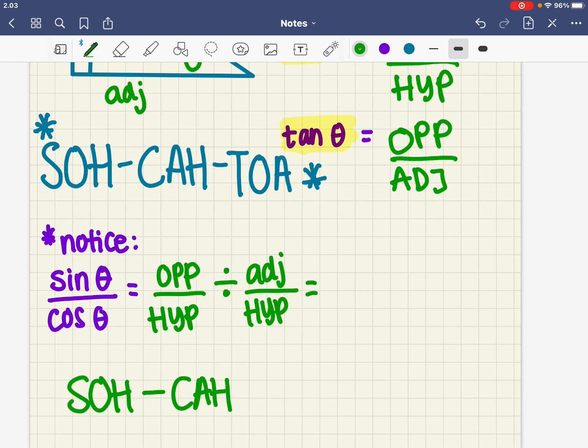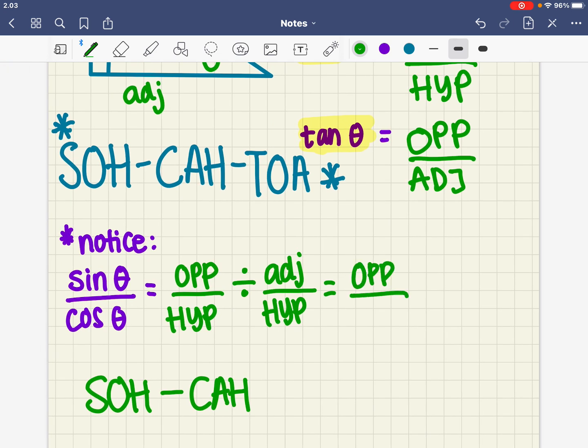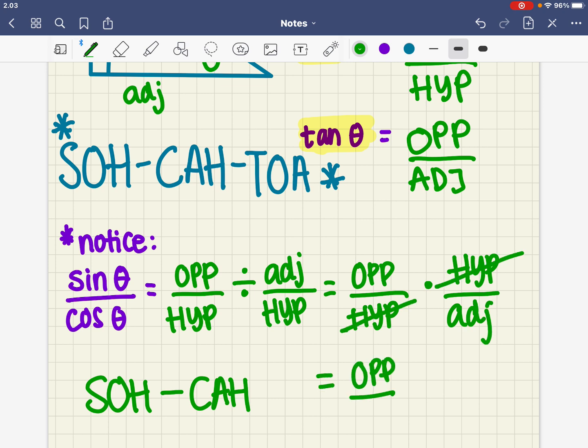If you do this like a division of fractions, you flip this, the hypotenuse would cancel out and you would get opposite over adjacent.